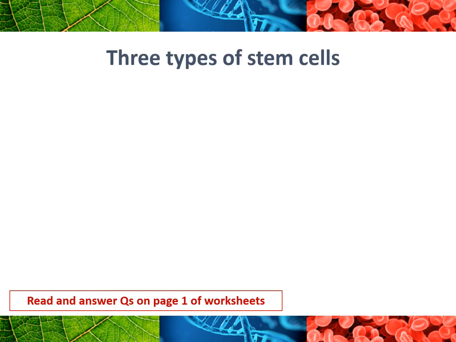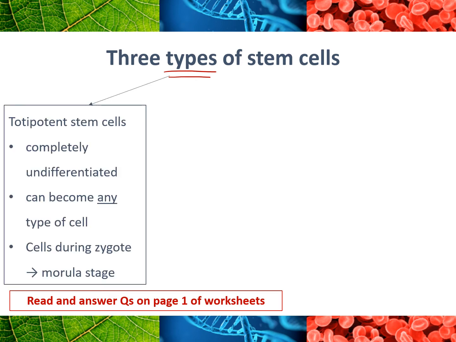Okay, there are three types of stem cells, and when I say types, I mean three levels of strength of stem cells. The first one is what we call totipotent. I want you to think about the word potential and what potential means.